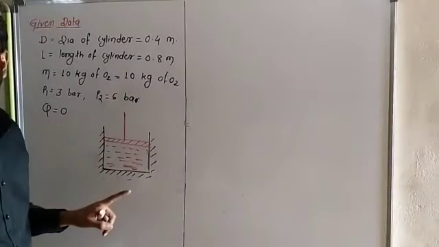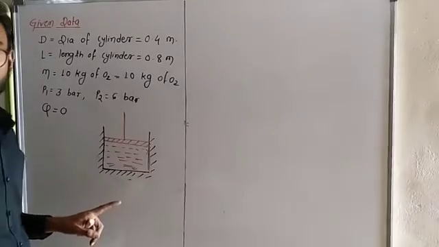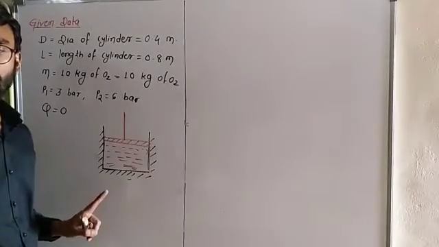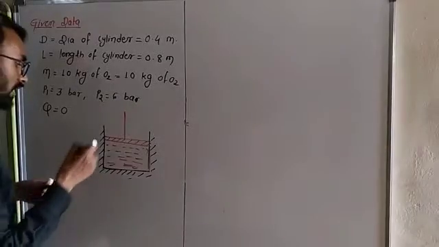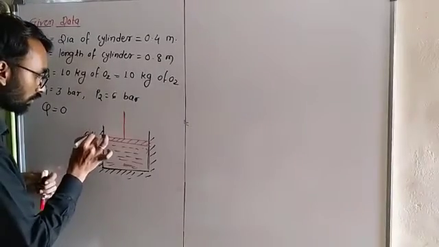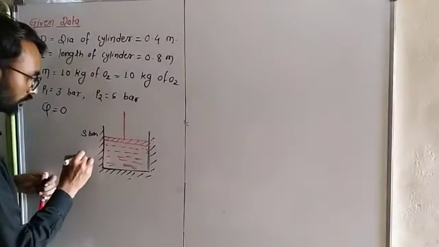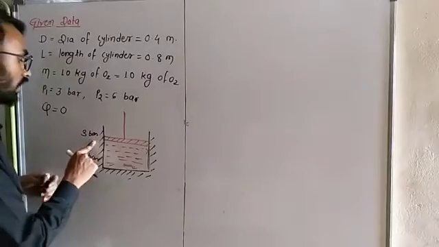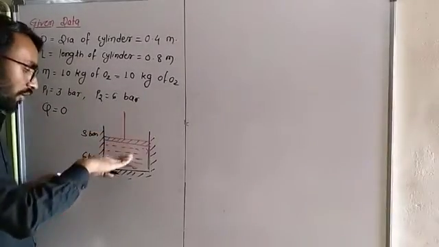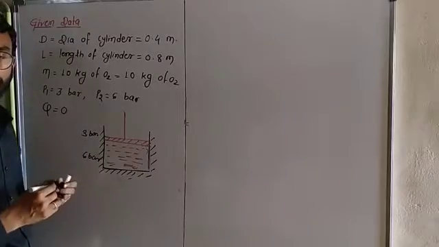The paddle wheel work is done on the gas to increase its pressure from 3 bar to 6 bar. Before the compression, the pressure is 3 bar. After the compression, the pressure increases from 3 bar to 6 bar.